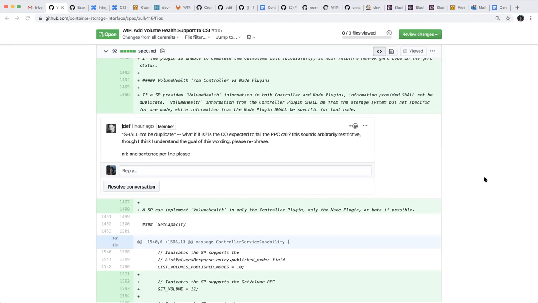I want to go back to what Ben was saying about thinking through how we expect the CO to collate the two signals from controller and node. And I think what you're saying, Xing, is that that is not a goal for this initial iteration. For the initial iteration, the signals are just going to be surfaced up to the user.